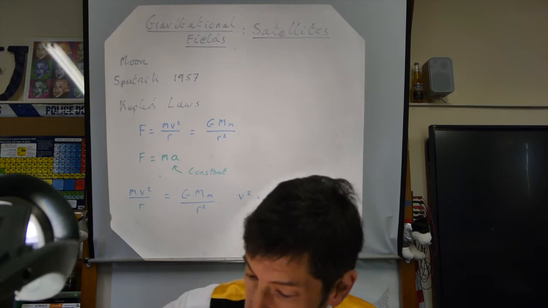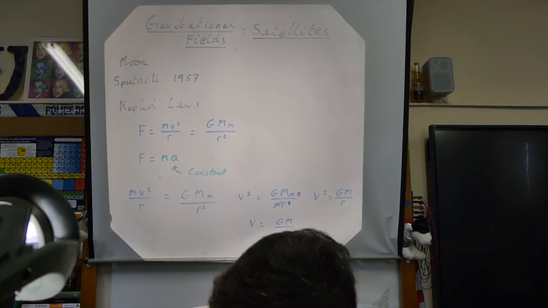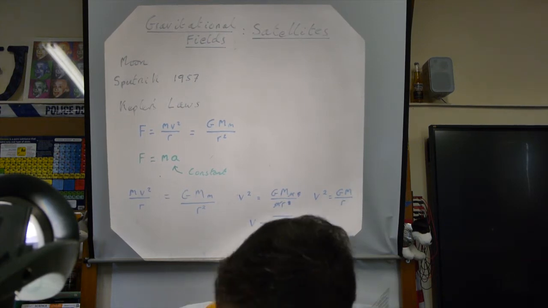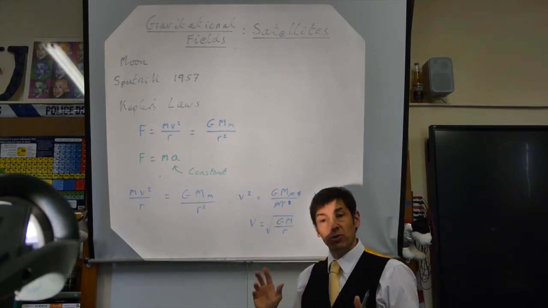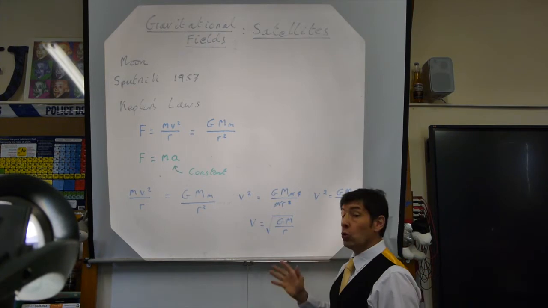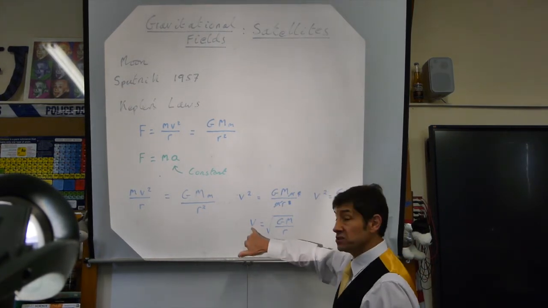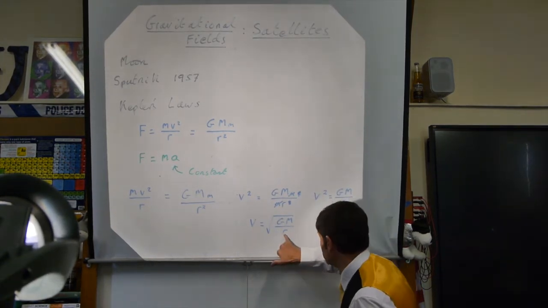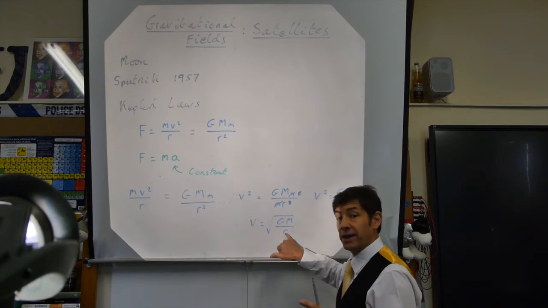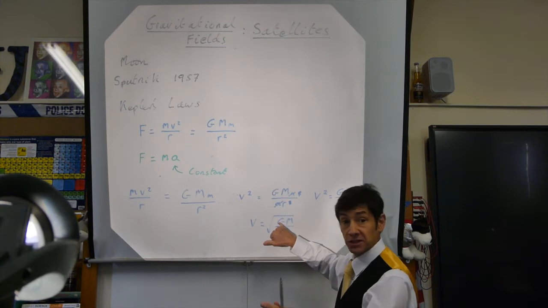So the velocity that it will orbit at is equal to GM upon r, square rooted. So that's really interesting, and it might surprise you that when something orbits another object, so when a satellite goes around the Earth, the velocity that it has to go at has to be fixed to give us that r.